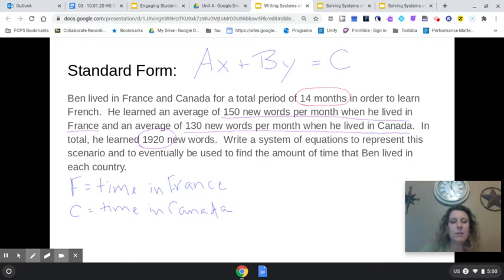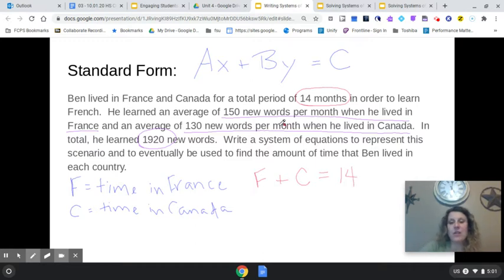I'm going to put the time equation in red since I have that keyword of 14 months, total period of 14 months, identified in red. Like we said earlier, we don't know how much time he lived in France individually, but we know that's represented by the variable F. So, the amount of time in France plus, again, we don't know the amount of time in Canada, but we know that's C. And total means equals, 14 months, as we identified in the problem.